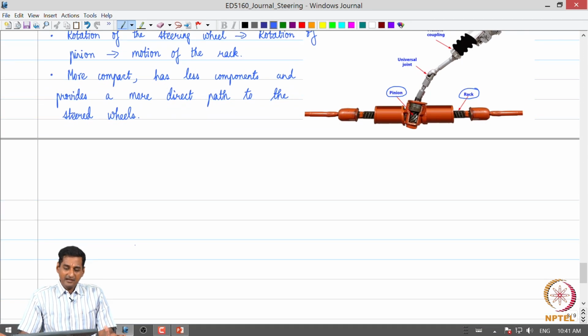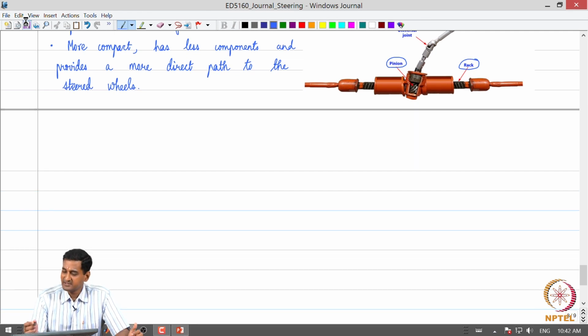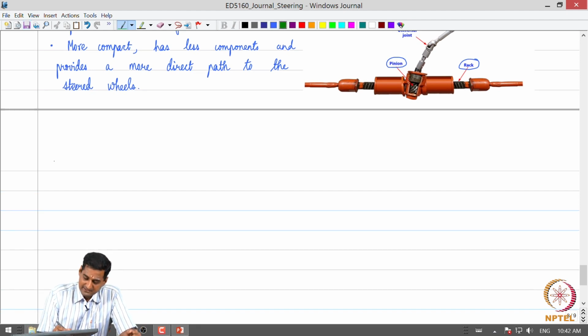If we consider a rack and pinion system, there are some parameters which are used to characterize it. One parameter is what is called the C factor. So, what is the C factor in a rack and pinion system?